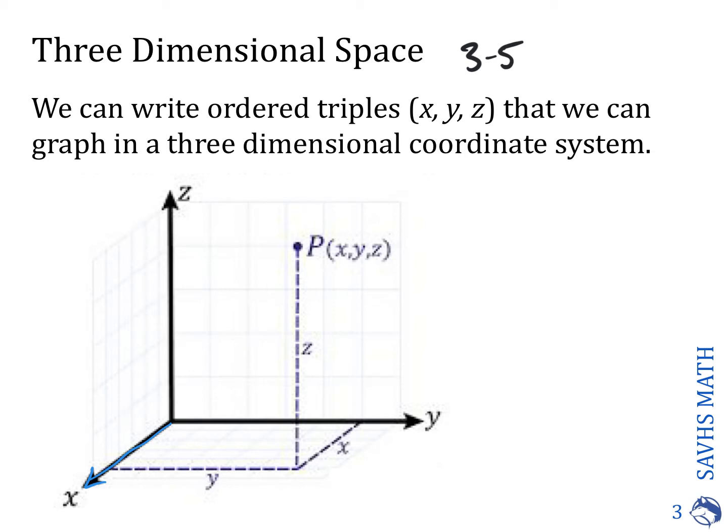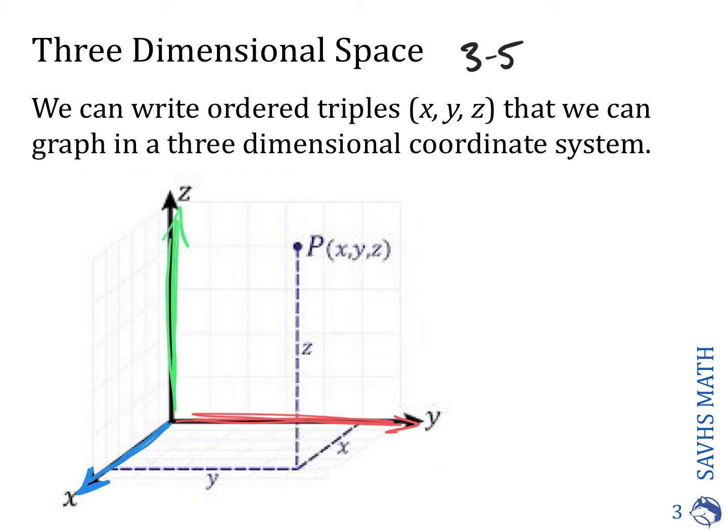But what we do in three dimensions is we make our x-axis come towards us, directly at us. So that's what this axis is. This is our x-axis. And then our y-axis goes left and right. And so this is kind of like where we would think our x-axis should be. And then up and down is our z-axis.